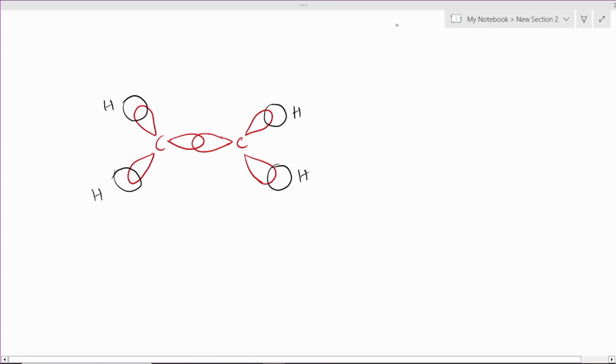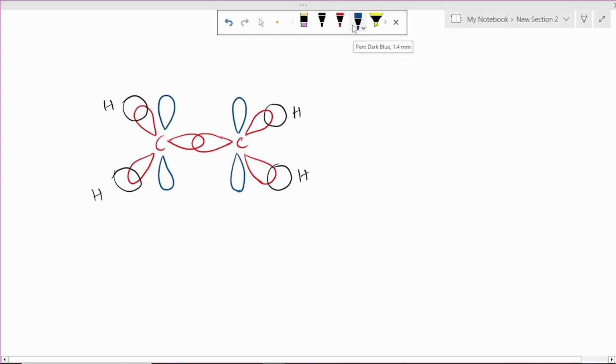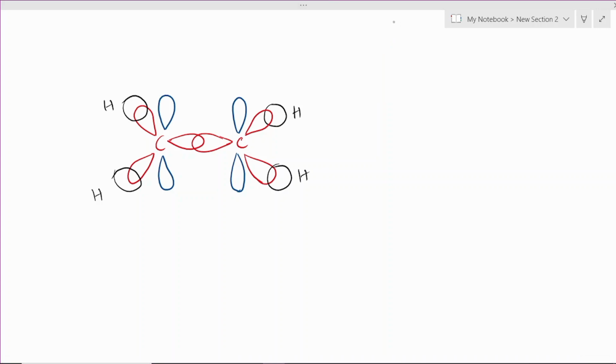Now this carbon has a 2p orbital, and this carbon also has a 2p orbital. And this is the pi bond.